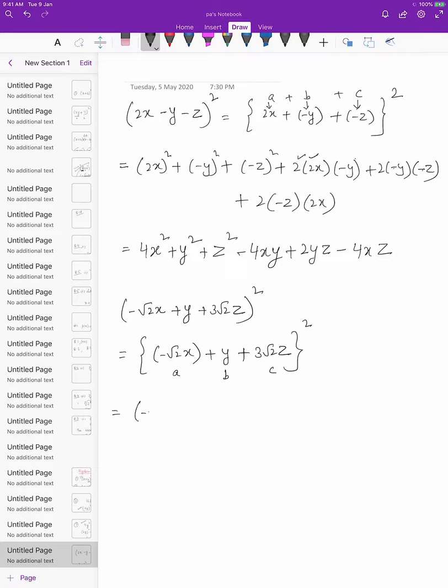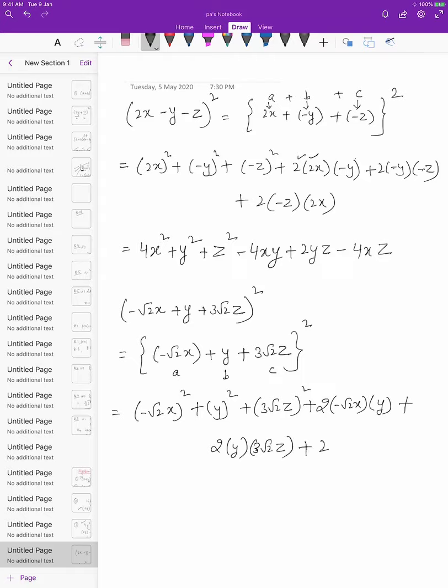So when I open it, I will get a square + b square + c square + 2ab + 2bc + 2ca.